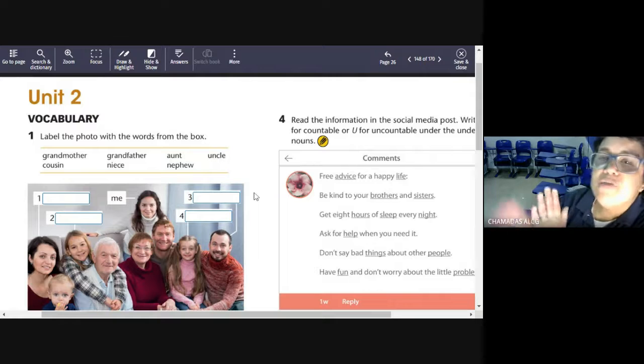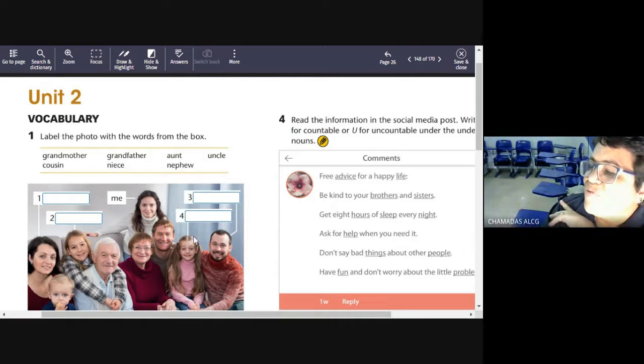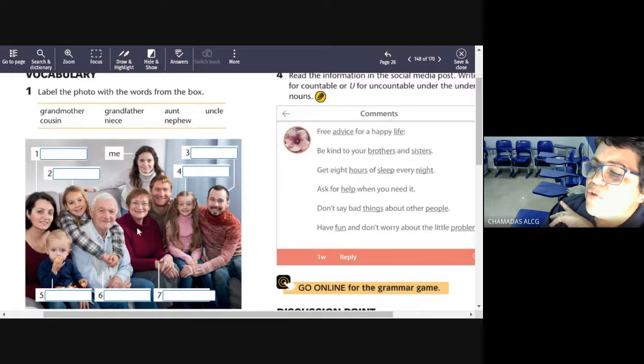So what was the vocabulary of Unit 2? The first part, we talked about family. Yes, family members. So label the photo with the words from the box.